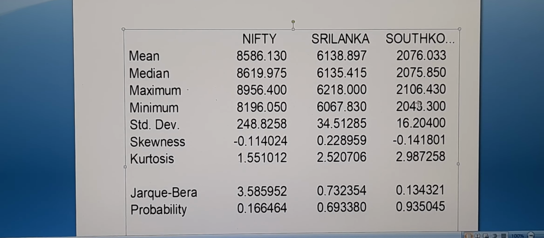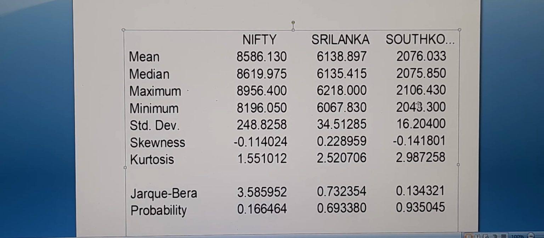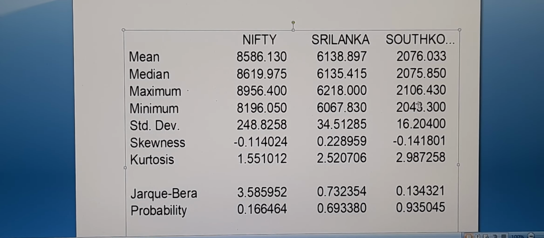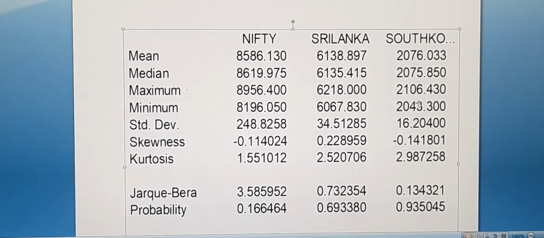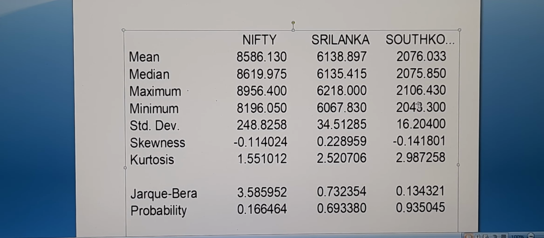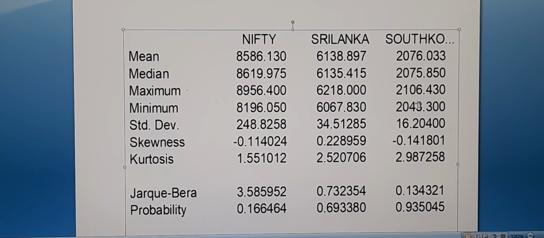So by analyzing the data series, we can get a feel for the data, finding out whether we use a parametric test or a non-parametric test, that is, whether we have to use the Kruskal-Wallis test or the one-way ANOVA test.